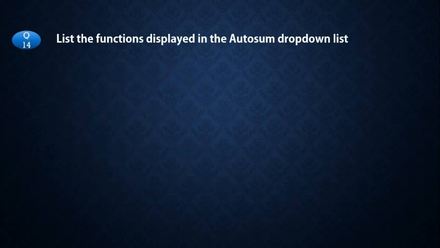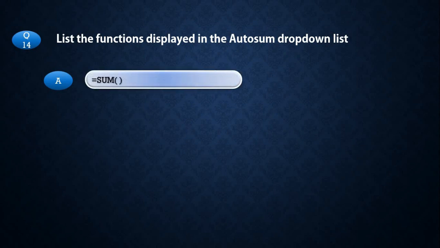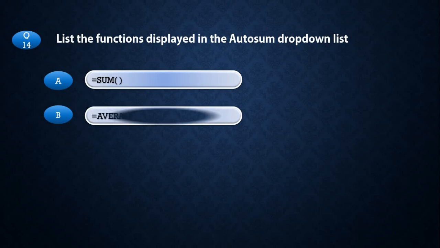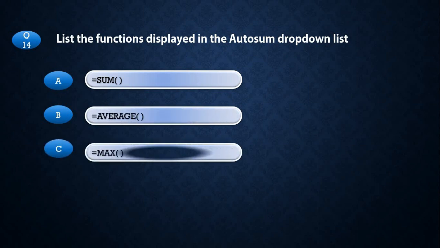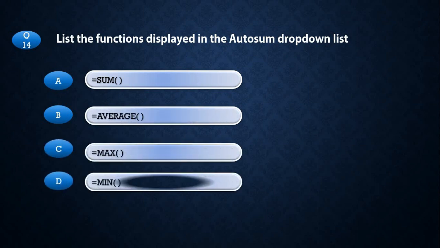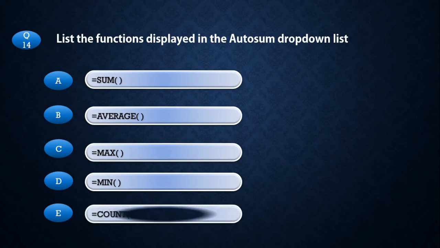So answer to the next question, list the functions displayed in the AutoSum drop-down list. So the functions that are displayed in the AutoSum drop-down list are, first one we have sum function, average, max, min and count function.